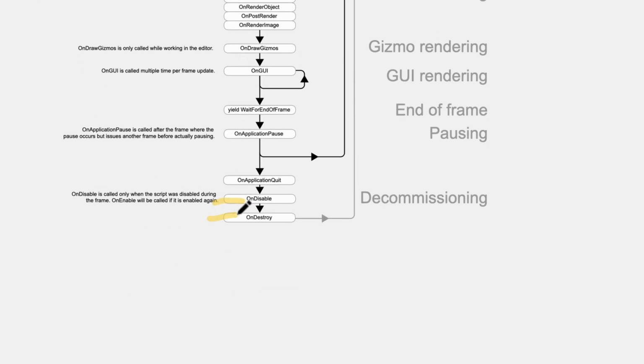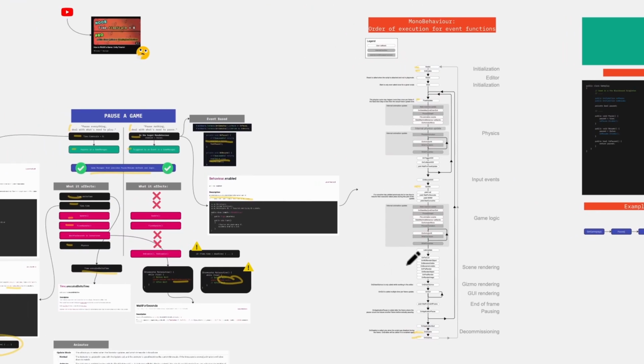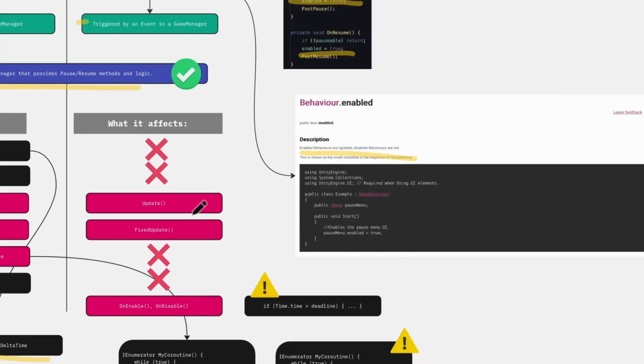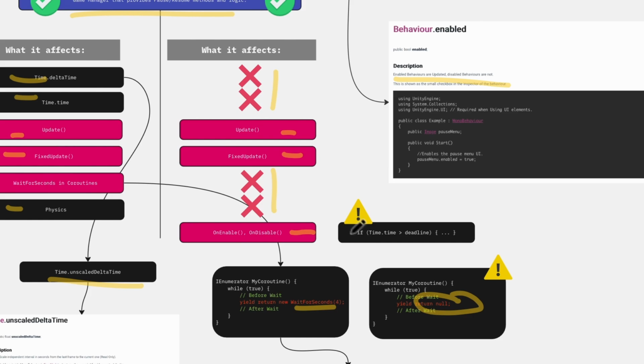So disabling a mono behavior affects the entire execution tree, but what's most important for developers is that this will effectively pause update and fixed update, and the methods on enable and on disable will also be called. So the downside and the reason why this approach exists is that we don't touch the timescale, which means that, for example, this type of statement is not great at all because time.time continues.